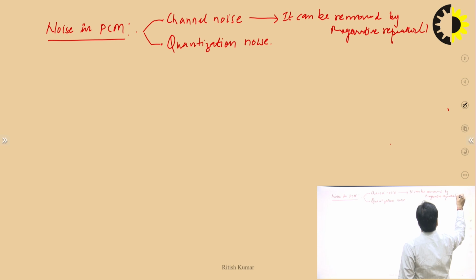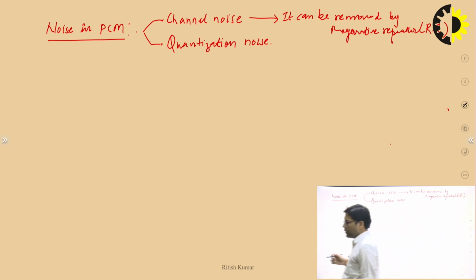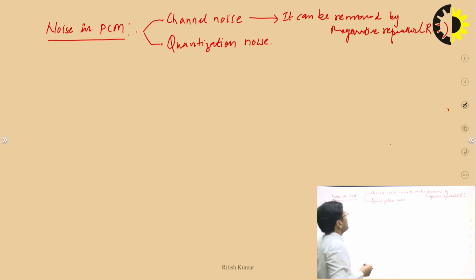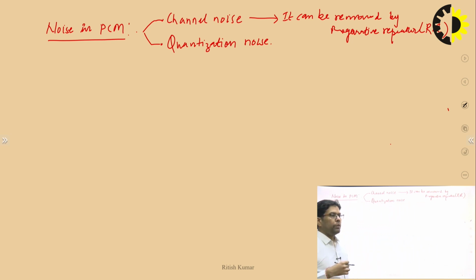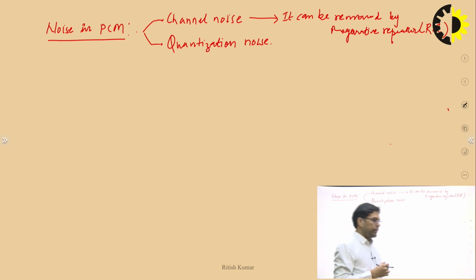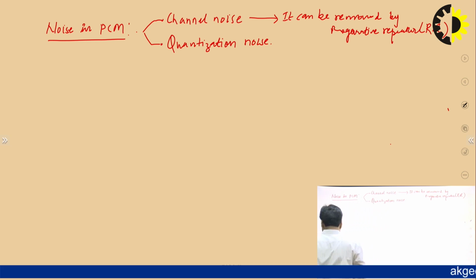You can also call it RR. So channel noise can be eliminated or removed, while the quantization noise cannot be. So there is a significant effect over the information in the PCM system. So we need to analyze the quantization noise, right? So quantization noise.